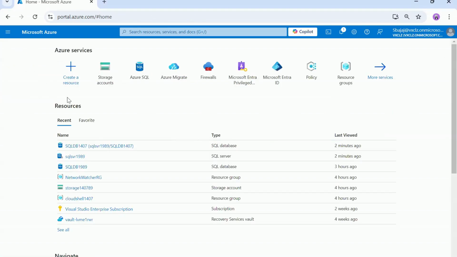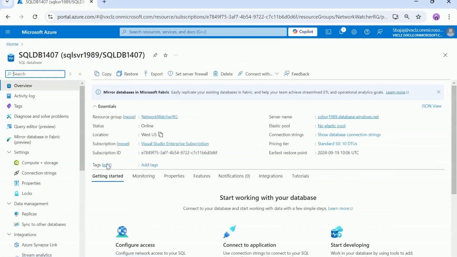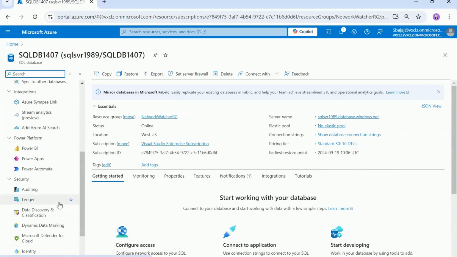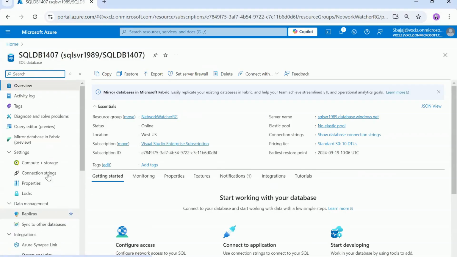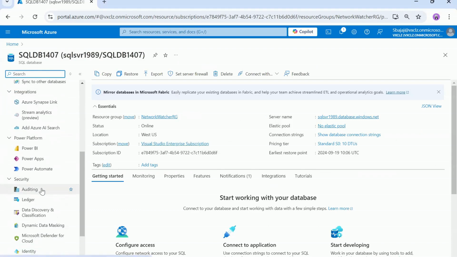Now the next data in the question was focused on the pricing tier of the databases as well. So let's go ahead and see if pricing tier makes any difference. Again, we are already in the database.